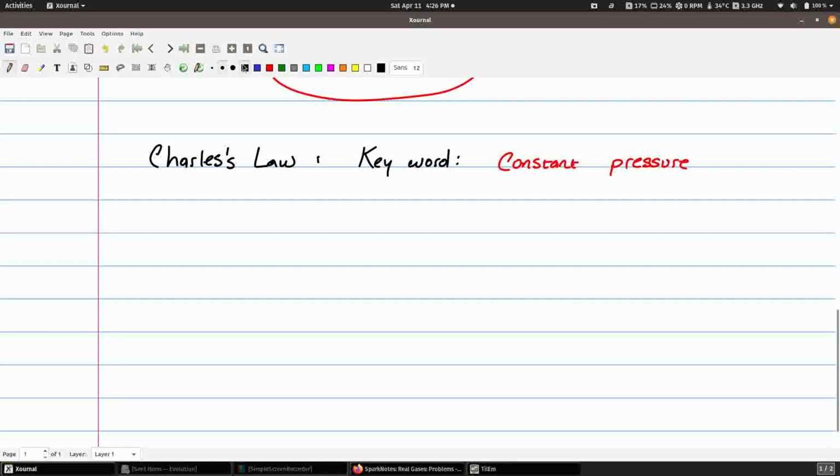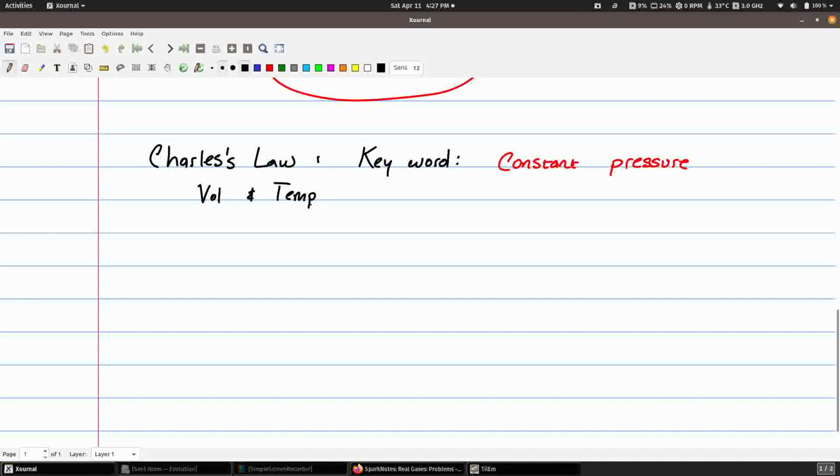Okay, so keyword for Charles's law is constant pressure. So that means you're going to have volume and temperature left, because otherwise you just have the gas constant. But we would just use ideal gas law if that was the case.